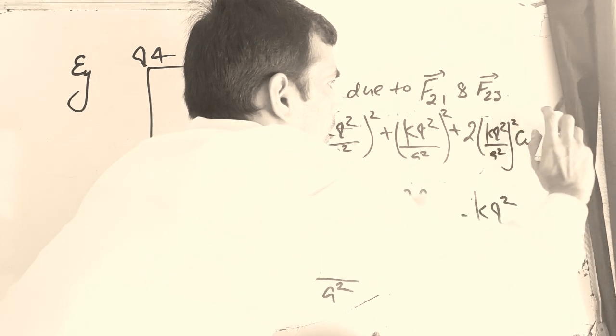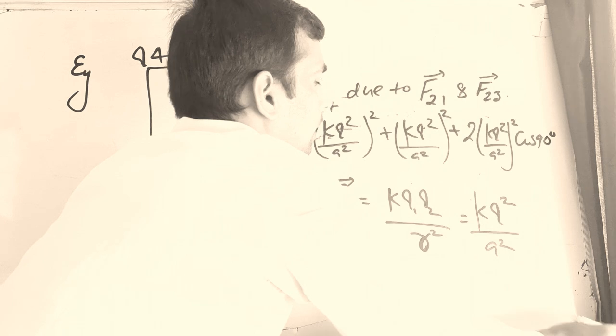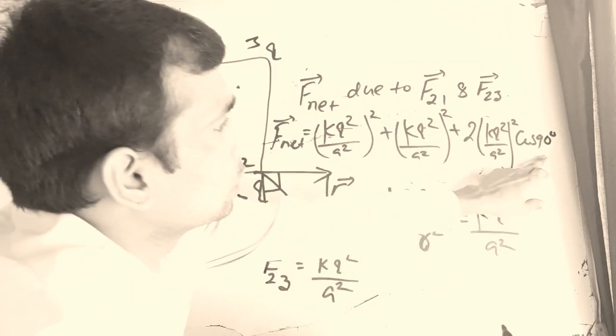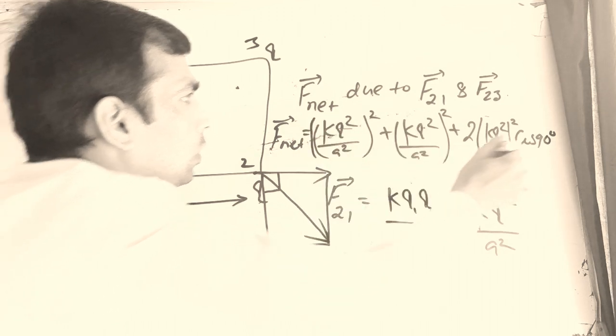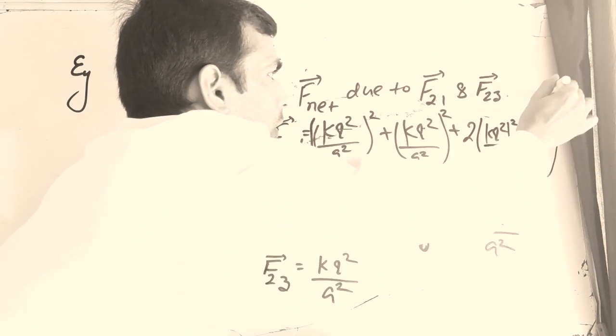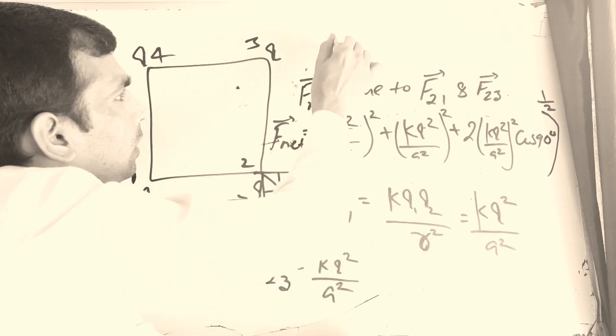Cos of 90 degree, right? So cos 90 goes to 0, and this whole thing is to the power 1 upon 2, the square root.